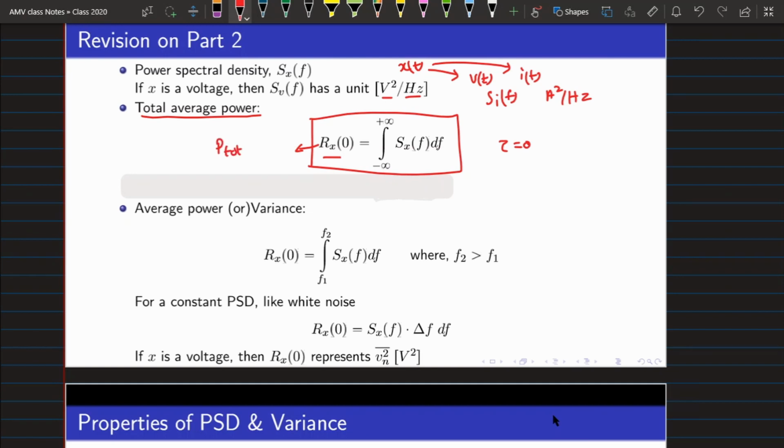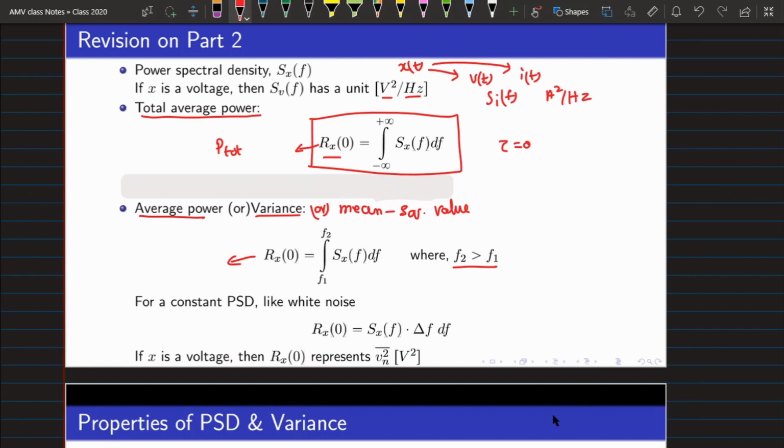Now, in case this integral is not running from minus infinity to plus infinity, but is restricted only to a specific band of frequency, say between f1 and f2, then this autocorrelation function represents the average power, or the variance, or the mean square value.